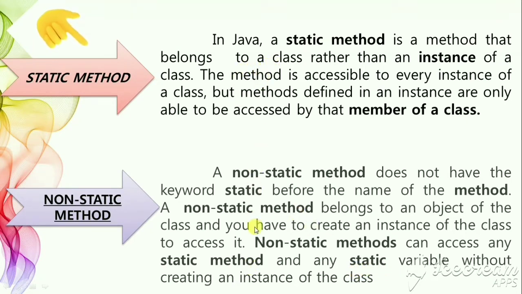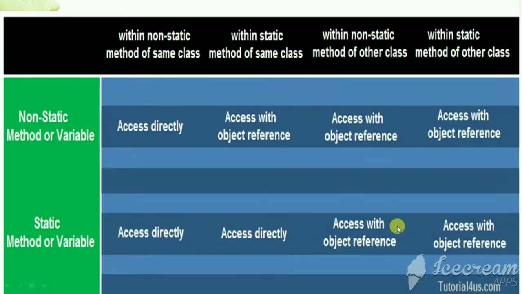So no object is needed to call static methods or static variables. The main difference between these two is that static belongs to the class rather than an object, but non-static purely belongs to an object. So this is about static and non-static methods.